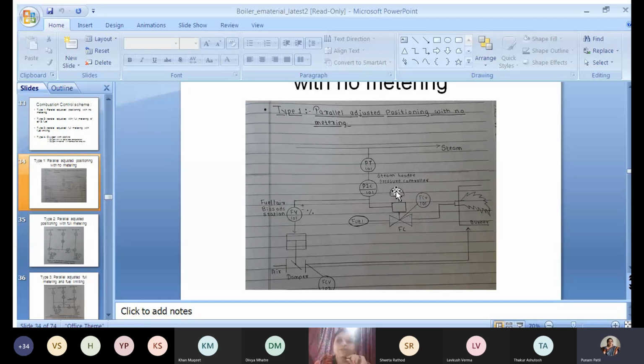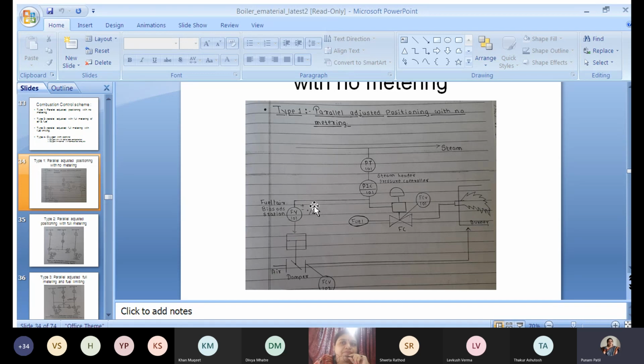Okay, I have just read this PT, PIC. FCV means flow control valve. FC means fail to close. This is also a flow control valve, but it is the air flow control valve.